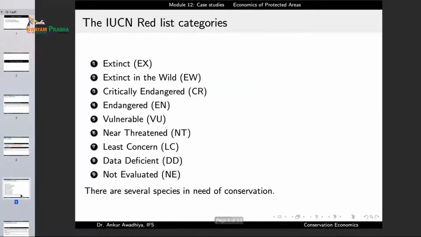Now, wildlife are divided into these nine threat categories by the International Union for the Conservation of Nature and Natural Resources. So, we have a red list of different organisms which tells us what is the level of threat.